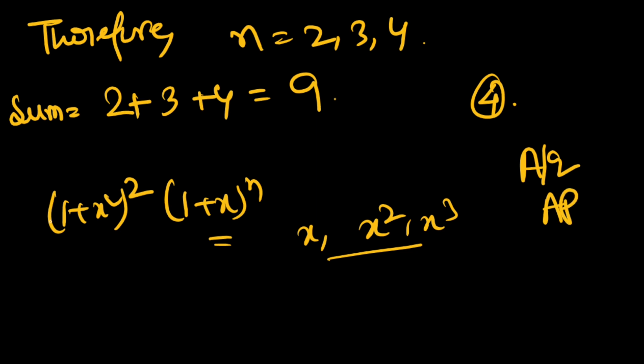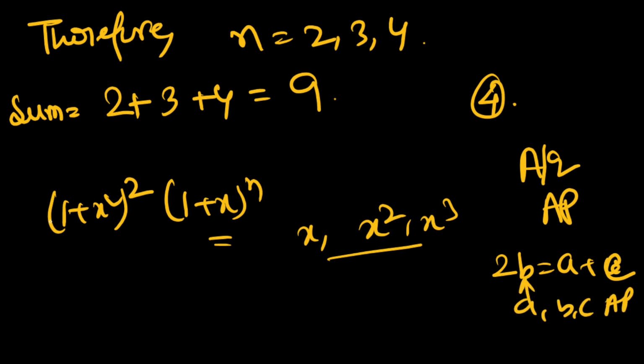So we use the AP condition, that if A, B, C are in AP, then B is equal to A plus C over 2, and this condition holds. So using this condition we find the values of n. We get the 3 values and sum them, then we get the final answer equal to 9. That is, option 4 is correct.